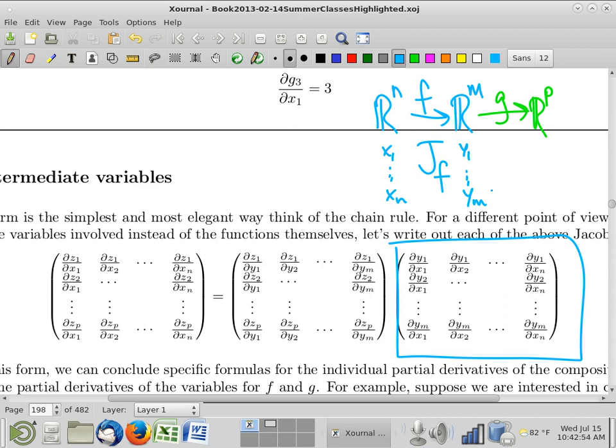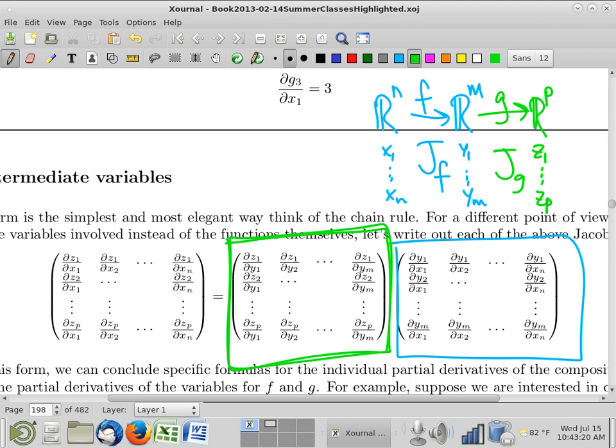Likewise, z1 through zp, and all of this nasty is just the various entries in this single Jacobian matrix of the z variables with respect to the y variables.